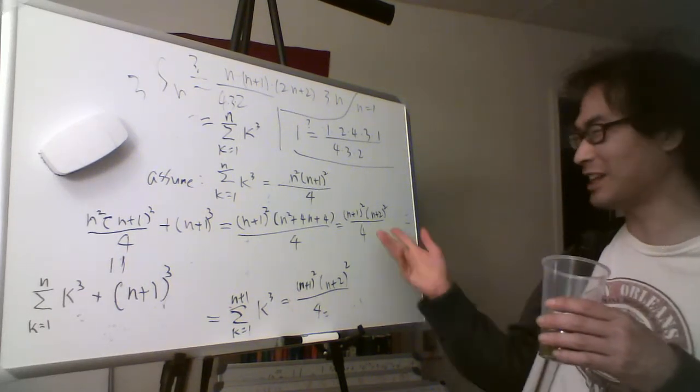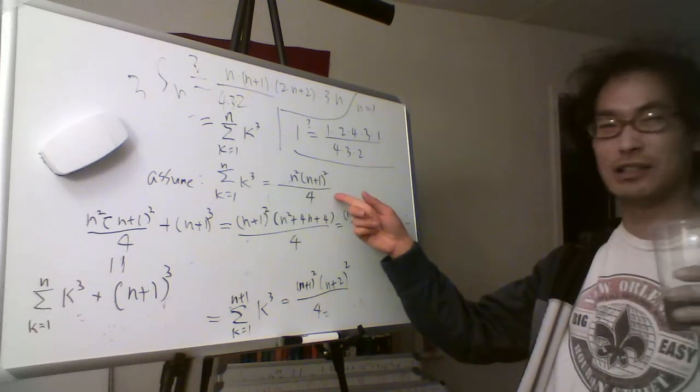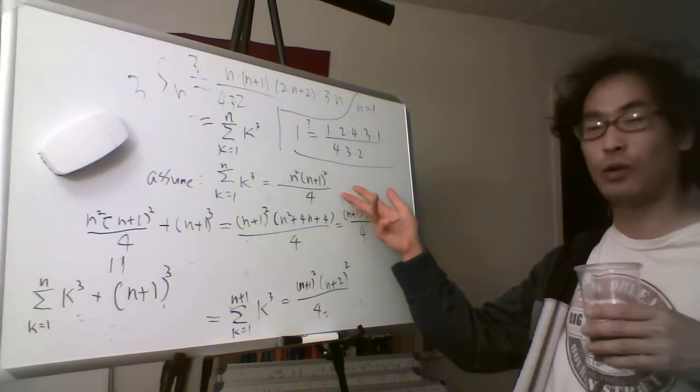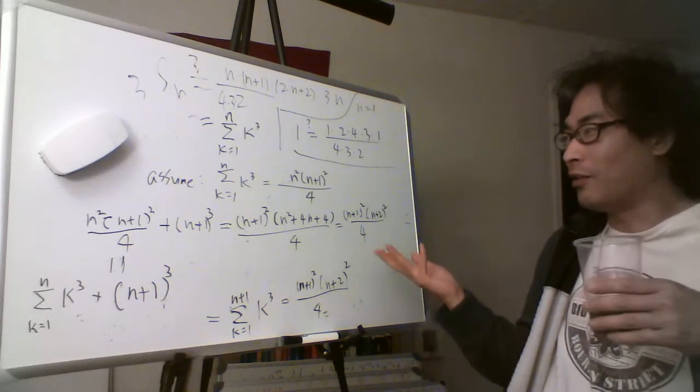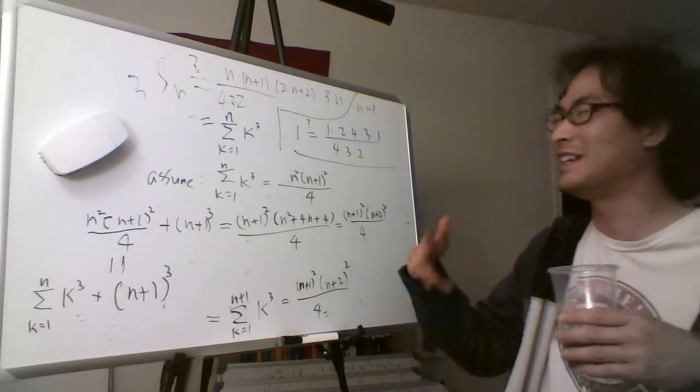This is not a time machine, it's just a formula. But I've never seen this before. Maybe it exists already, but if somebody already discovered this, well, we rediscovered it.